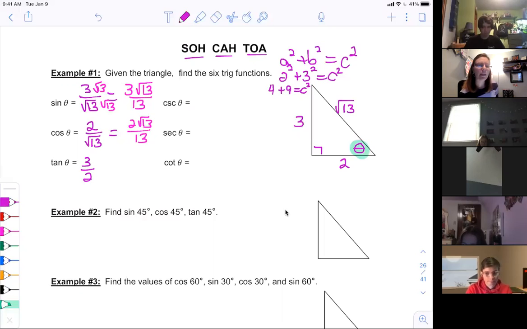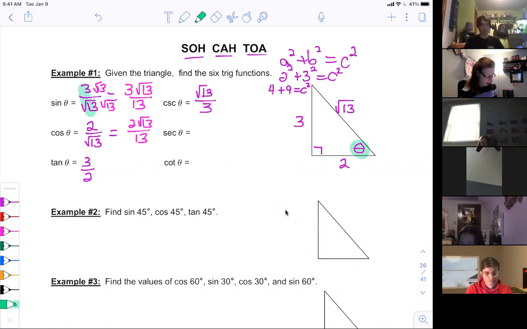So Grant, how would we get the cosecant? Would that be square root 13 over 3? Yeah, what's the easiest way to find that? Just do hypotenuse over the opposite. Yeah, it's the hypotenuse over the opposite. Or you could take that sine and flip it around. So I had 3 over root 13, so just flip it.